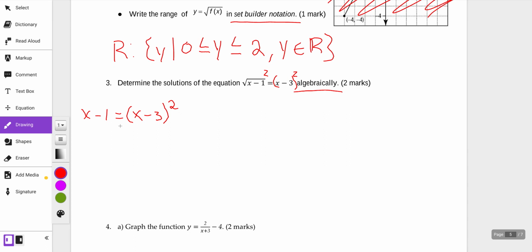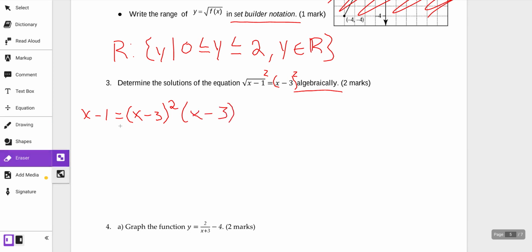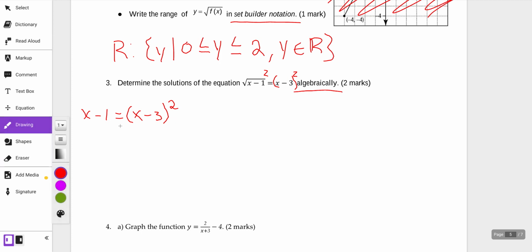It's x minus 3 squared, which then has to be expanded using x minus 3 times x minus 3. Right? Like that's what that means. When you do that expansion, you get x minus 1 equals x squared minus 6x plus 9.